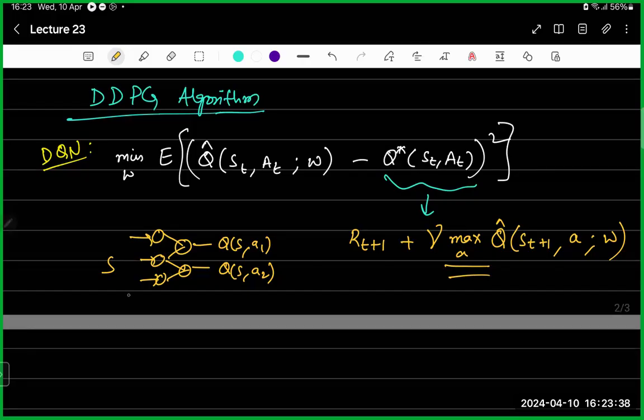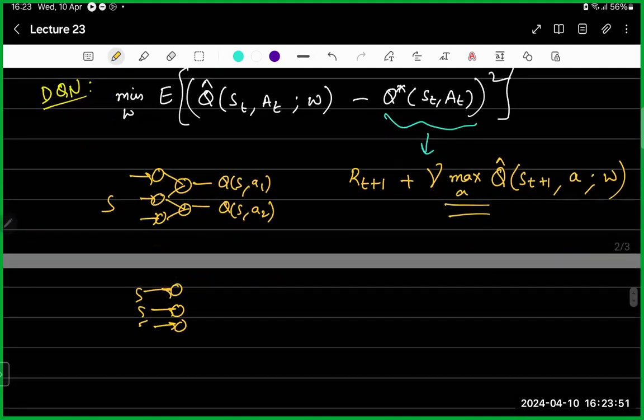So this is one architecture. What was the other architecture we discussed for Q learning? Instead of this, we could have also done this. Let's say these are the state features, and you also input the action. Let's say the action is a binary number, like in the cart pole: one may be right and zero may be left.